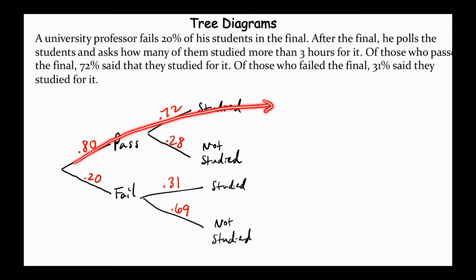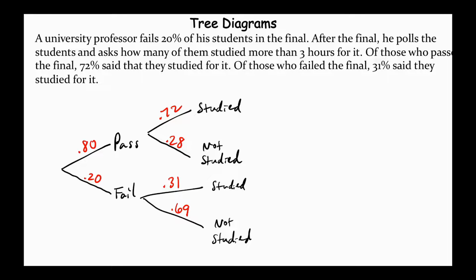That's one path. And the other one is right here too, right? Okay. So when we're using a tree diagram to go down the stems, the branches, whatever you want to call them, we multiply straight across.